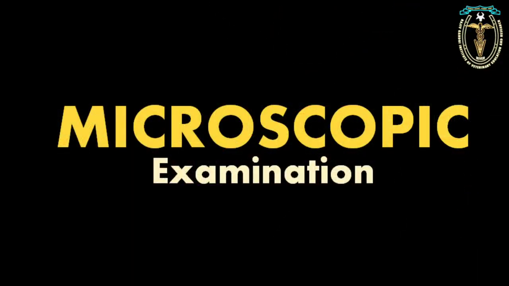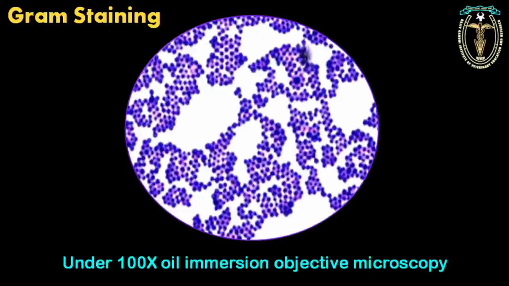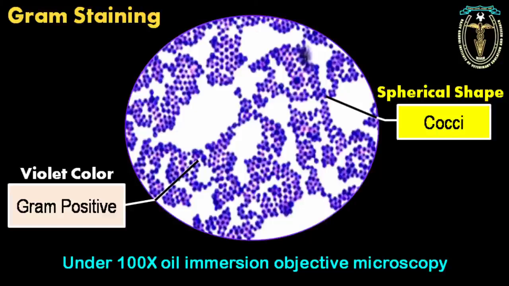On microscopic examination, if you are observing these types of microscopic features based on coloring property, since the microorganisms here are stained violet color, they are gram-positive organisms. Then, here the organisms are spherical shape, so they are cocci.